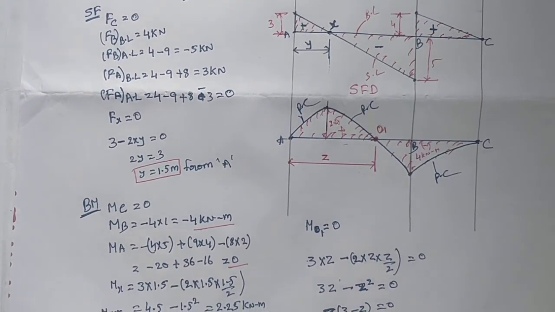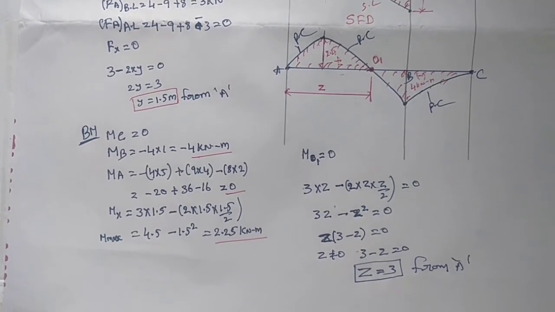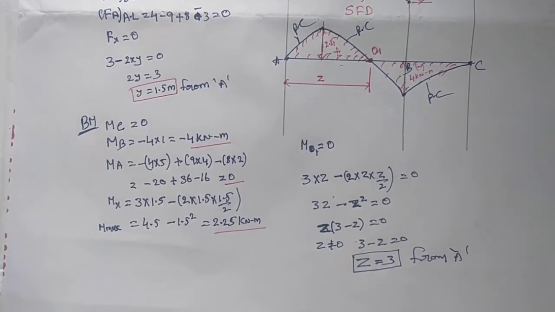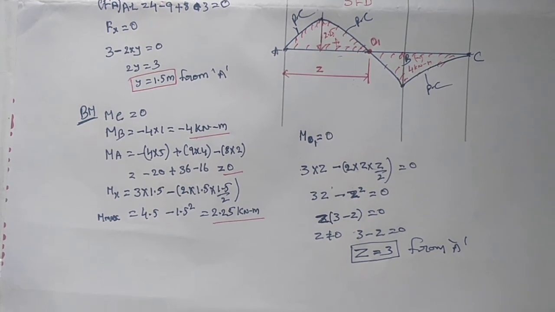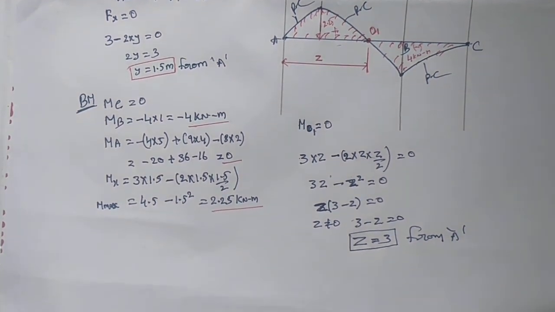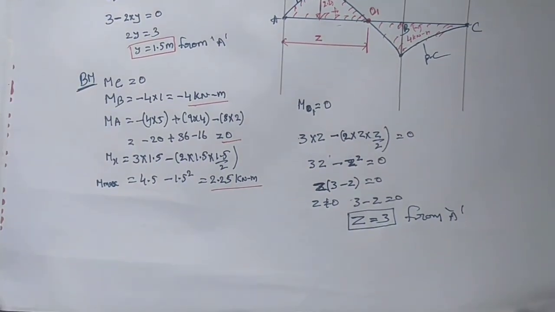Next, I calculated the bending moment values and used them to draw the bending moment diagram. Here, in the bending moment diagram, the bending moment changes sign from negative to positive. At one point the bending moment is 0. That point is known as the point of contraflexure. It is located at a distance of 3 meters from the left end A.